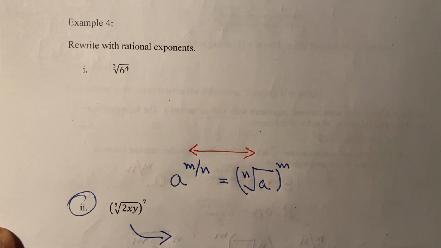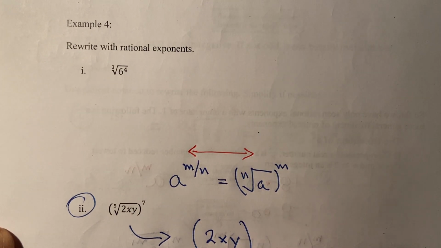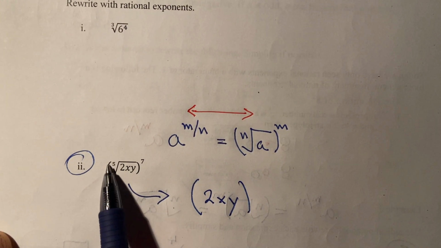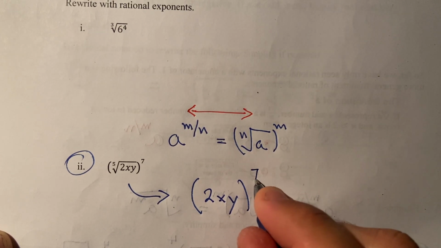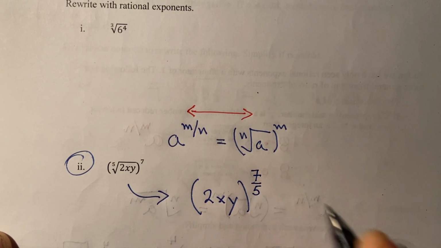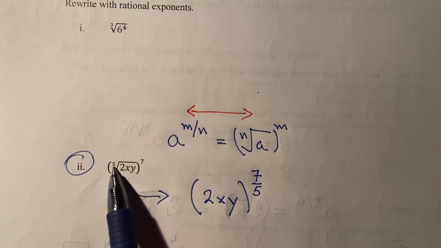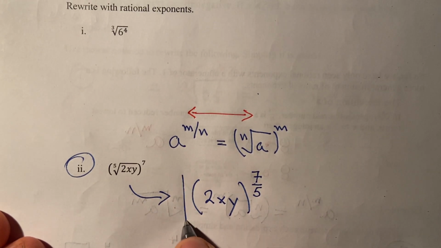So this one, we would have 2xy inside of parentheses. And it was a fifth root, so that's the type of power as far as the denominator goes, and then the 7 goes up top. Right, so that 5 is the denominator, that 7 is the numerator of the power.